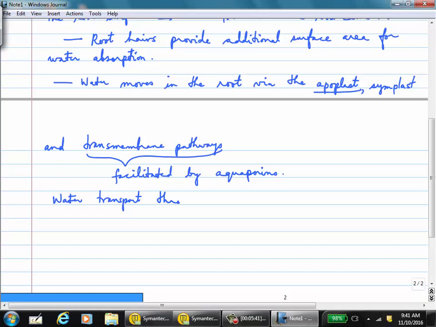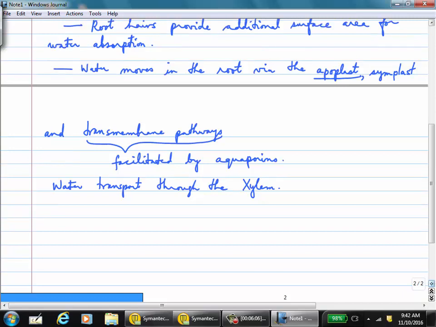The xylem is like a system of pipes. It's made up of smaller units that are put together. These are all dead cells, the cells that have developed the xylem. So it's like pipes, and water is going to flow through it, driven by the difference in the water potential, from higher potential to lower potential.